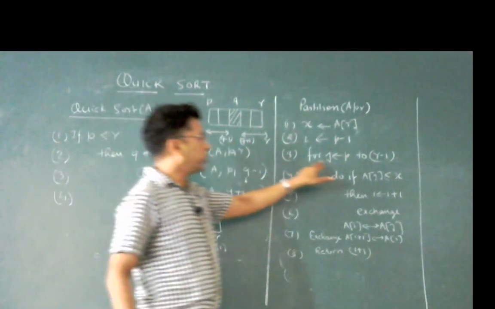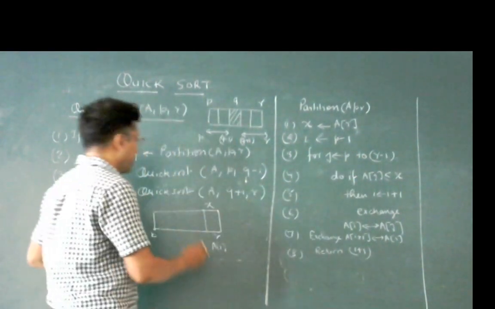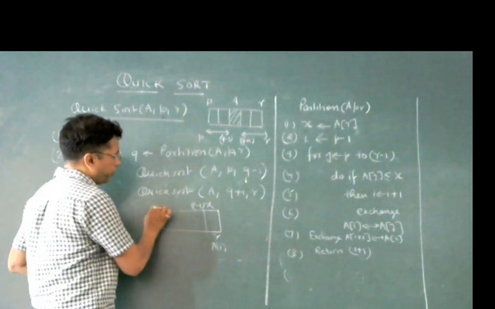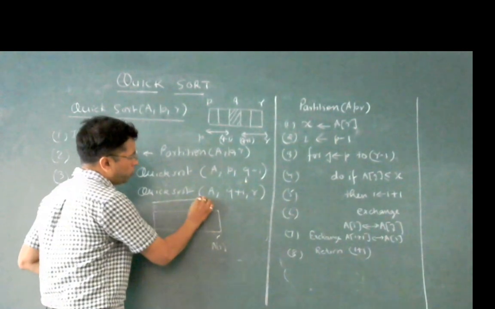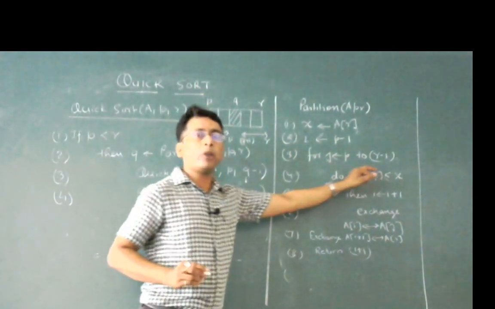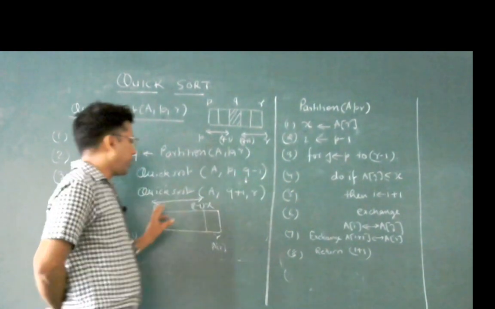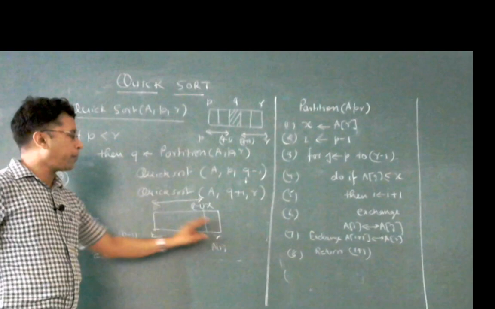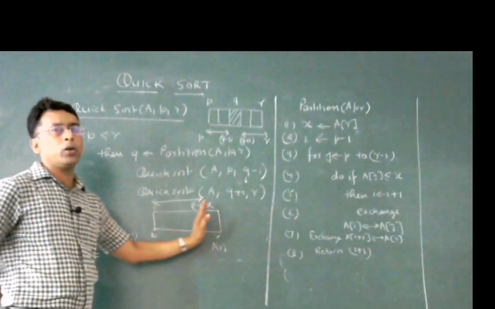And now for j equals P to R minus 1, R minus 1 would be here and P would be here. So from P to R minus 1, we shall start a loop. In this loop, in this array, leaving the pivot, except the pivot element, we shall travel the whole array.